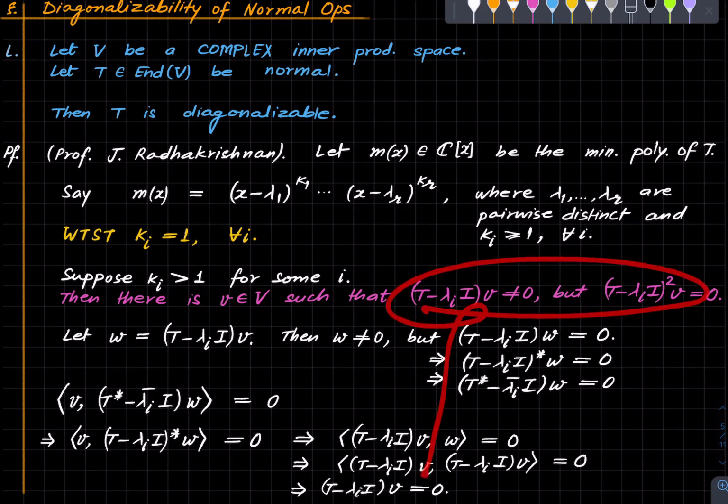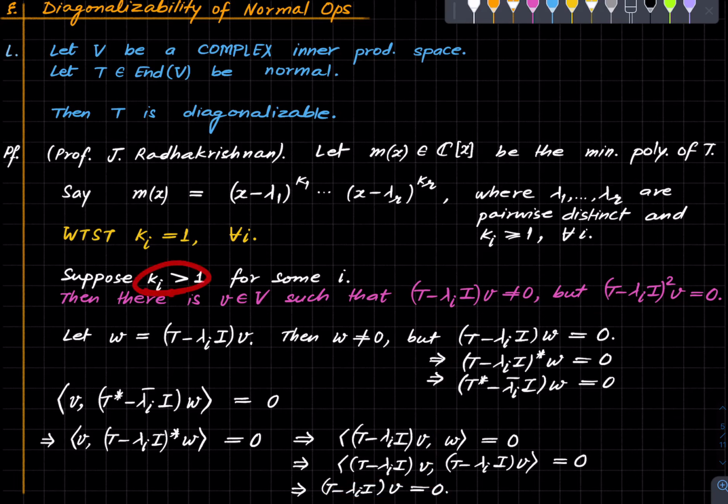This pink thing is contradicted by this, and therefore our assumption that ki is greater than 1 should be false. And we have established this yellow thing, which establishes the diagonalizability of T. That's it. So that proves the diagonalizability of the endomorphism T.